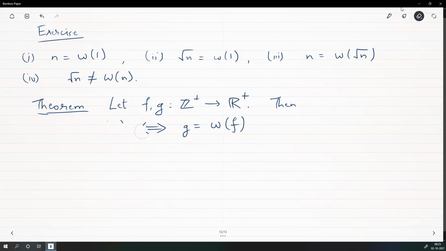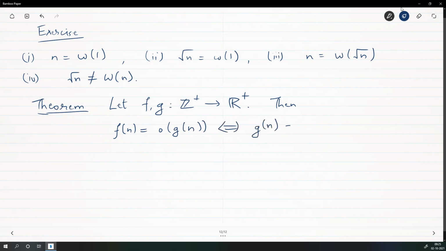Let me write it down in the more popular notation that we have been using. So f of n is equal to little o of g of n if and only if g of n is little omega of f of n. Okay. Now, how do we prove this?